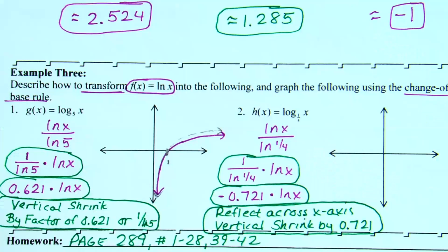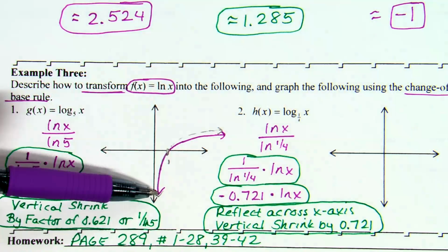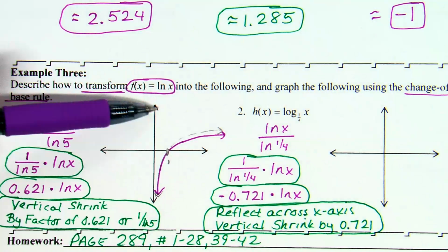Can you visualize this graph, what this graph looks like before you type it on the calculator? Okay. Not saying it has to be perfect in your brain, but try and visualize it so you know what to expect. Instead of running from the bottom along the y-axis, it's going to start from the top. Am I still going to cut through 1, 0?